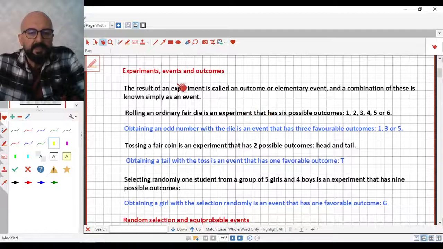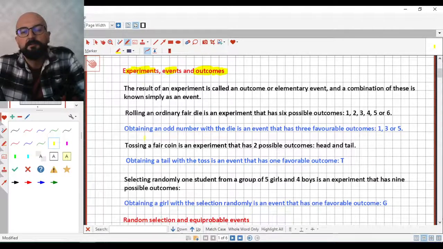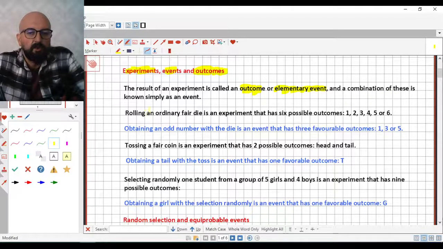Experiments, events, and outcomes. The result of an experiment is called an outcome or elementary event, and a combination of these is known simply as an event.